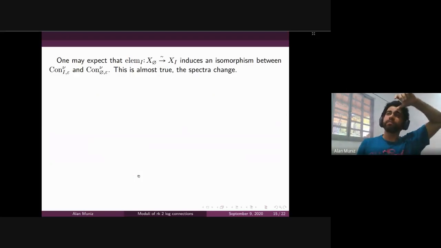Well, as I told you some minutes ago, we have an isomorphism between these moduli spaces of quasi-parabolic vector bundles, and one may expect that we have a corresponding isomorphism between these moduli spaces of connections. But this is almost true, and the only thing that happens is that the spectra change.